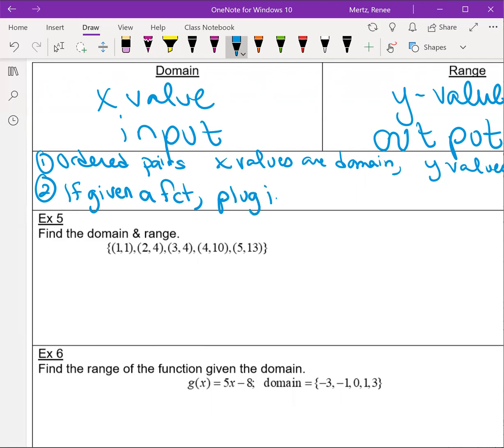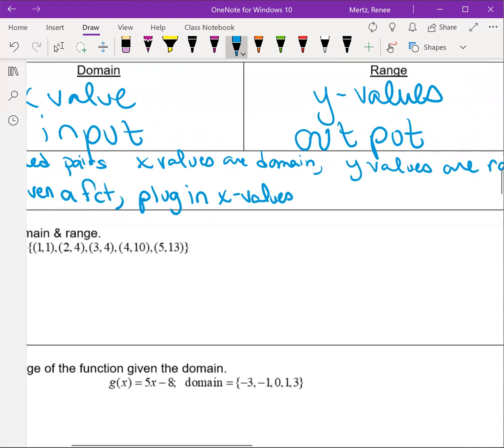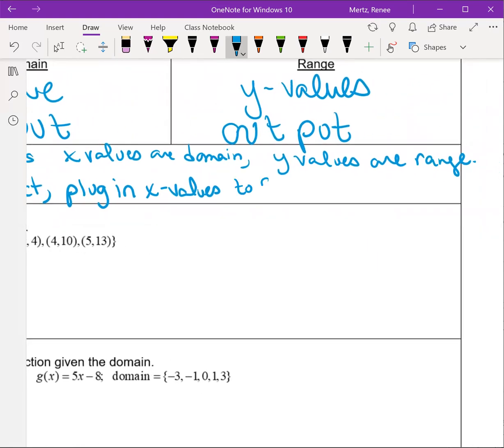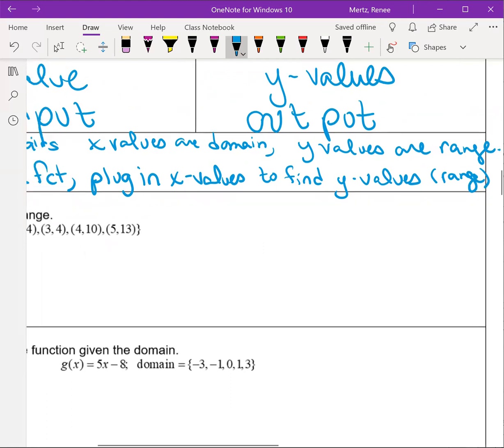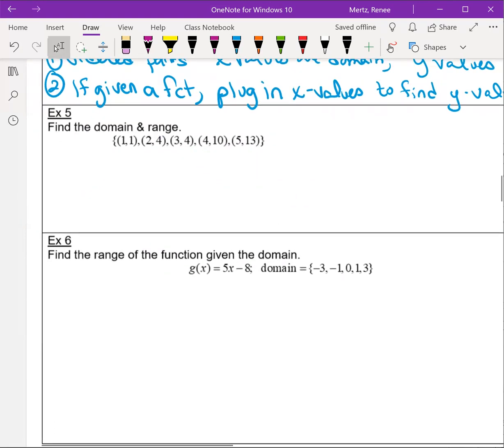So of course, we're going to look at this in a minute, which will then give us the range. So when we're looking at our list of numbers, the domain is just the x values, so go ahead and list those.